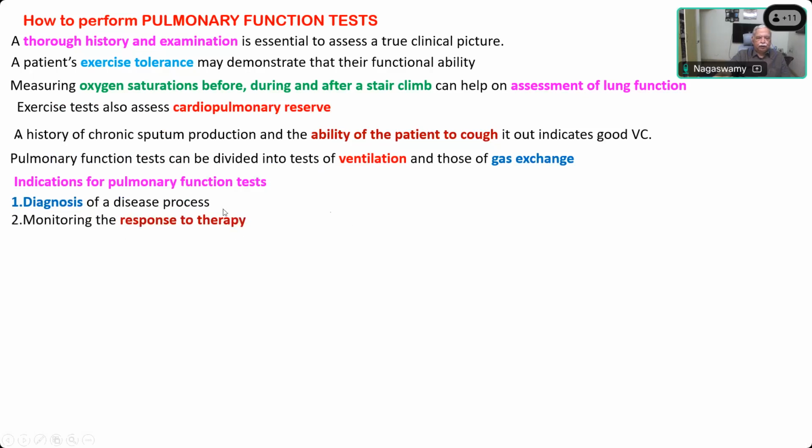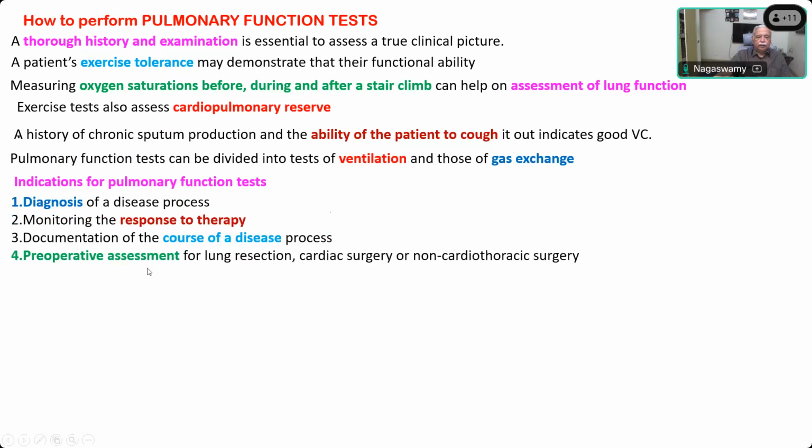When you put a patient on bronchodilator therapy, you can do the pulmonary function test before the bronchodilator and then post bronchodilator to see the response. Or you can document the course of disease. For example, in a patient with COPD, you can do periodic pulmonary function tests to see whether he is remaining static in the same situation or he is worsening.